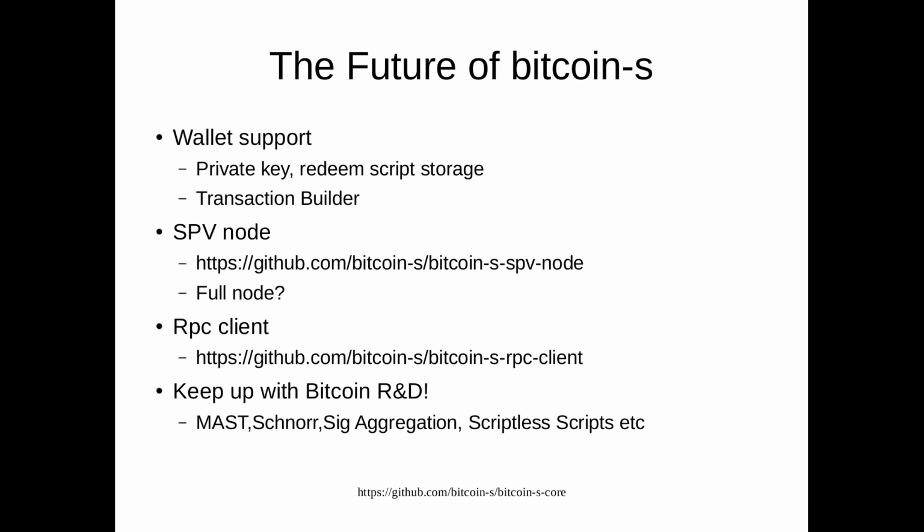So the future, I've already pleaded with you guys to throw me a pull request or some code review. But where I want Bitcoin-S to go in the future is we currently don't have any native wallet support. So that means storing private keys, storing smart contracts that you need to spend coins, and then an easy transaction builder type. To build a transaction right now in this library, it's involved, we'll say.